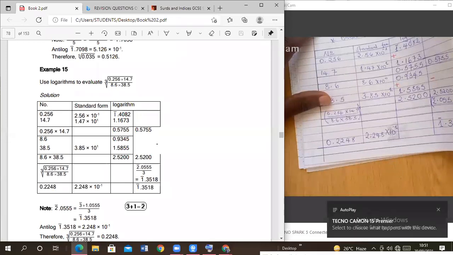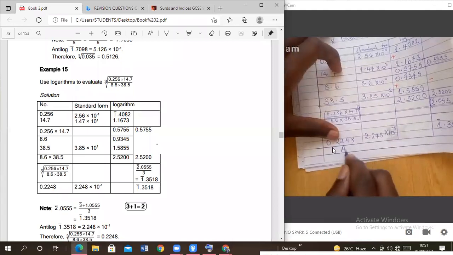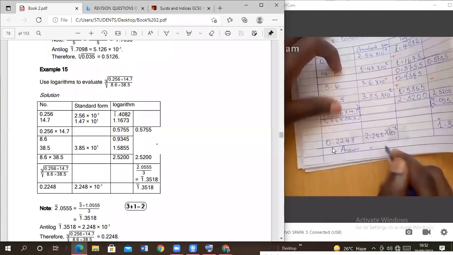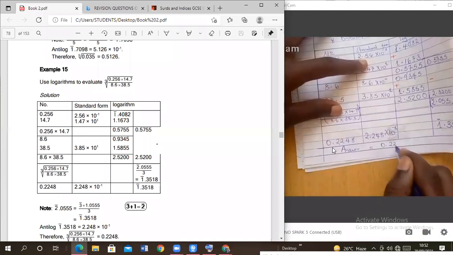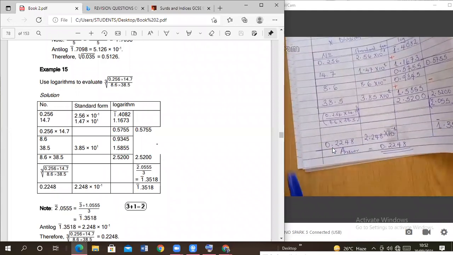So what is our answer now? Our answer is 0.2248. Members, have we seen that? Yes. Any question?